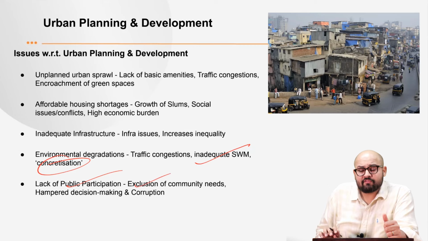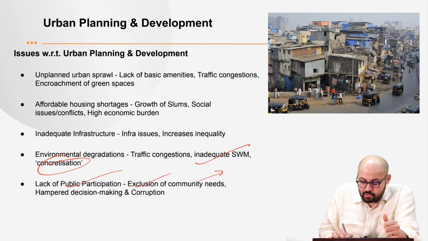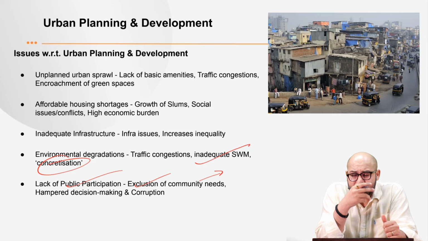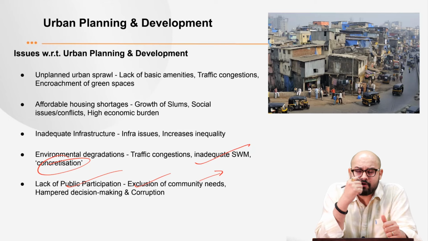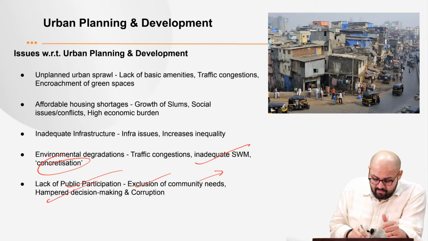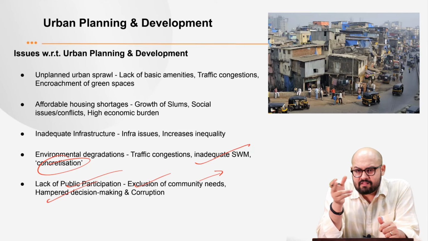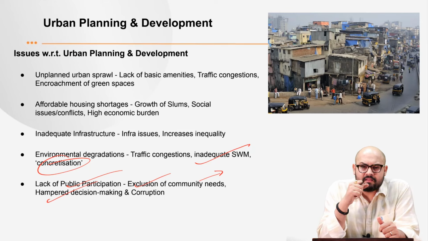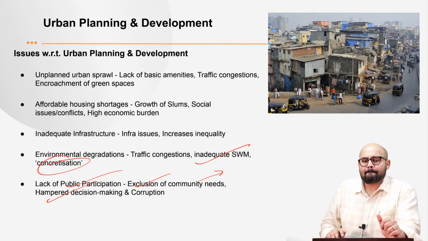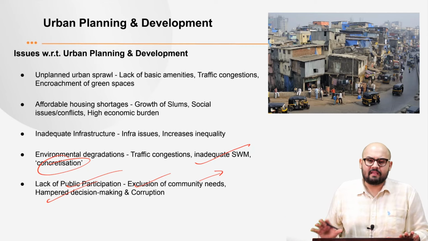There is exclusion of community needs because the socio-economic needs of especially the lower segments of society are not being considered. Then we have got hampered decision making. Once you have this nexus between the local authorities and the real estate agents, it leads to corruption, and this corruption leads to slower decision making, and then it ultimately affects the people in the cities, right?